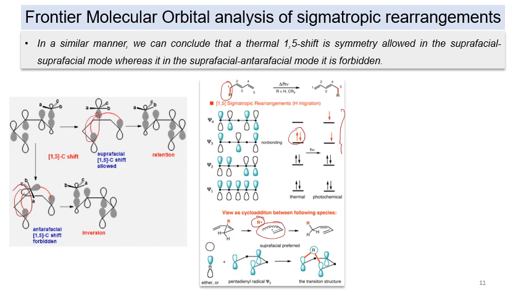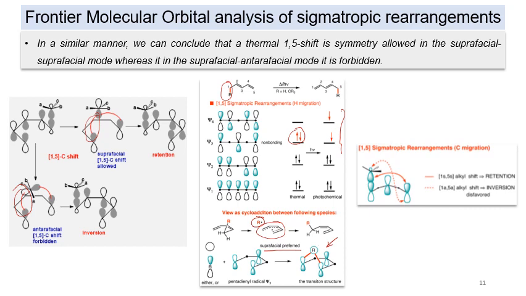Okay, so you can see here in this particular case the suprafacial overlap is preferred in the transition state, as you can see in this particular diagram, and the antarafacial, which will lead to inversion, is disfavored. So in a 1,5 shift, the supra-supra is favored and leads to retention, whereas the supra-antara leads to inversion, and this is thermally disfavored.